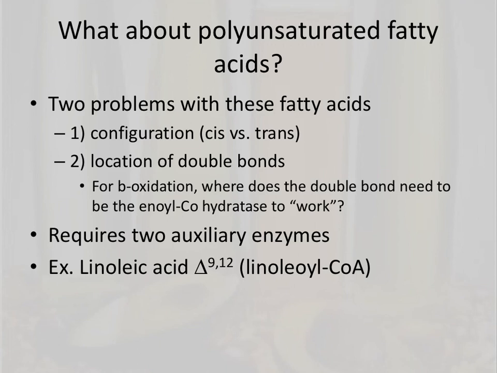One of them has to do with cis and trans, and another one, which, at least for me, was more difficult, had to do with the location of double bonds. Where does that double bond need to be in order for the normal spiral to continue? And it requires 2. Rather than trying to rush that in right now, I thought I'd go ahead and stop here.